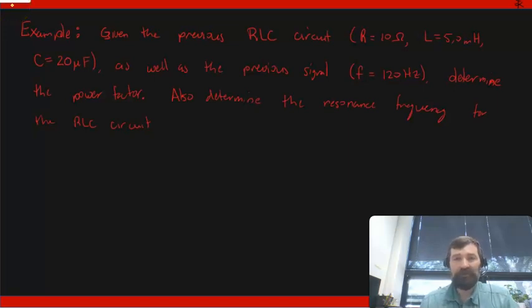Okay, so note that what I had previously found for this circuit was that the impedance Z was roughly 63 ohms. I can actually write out more digits. It's not just 63 ohms.